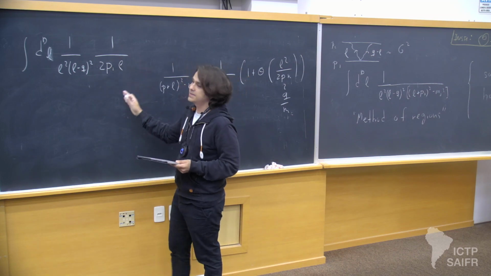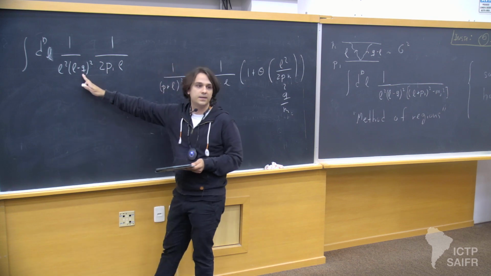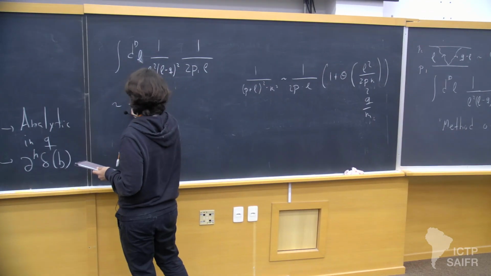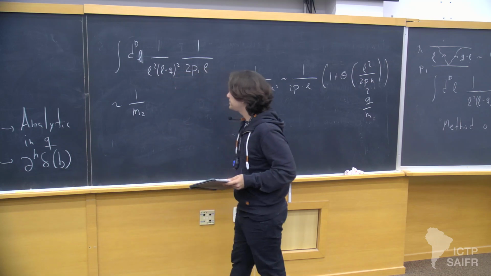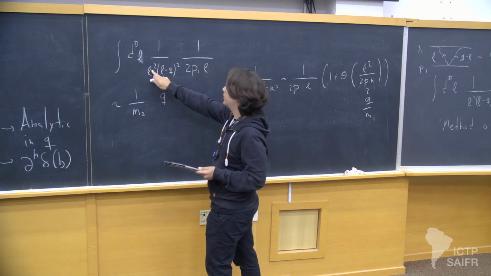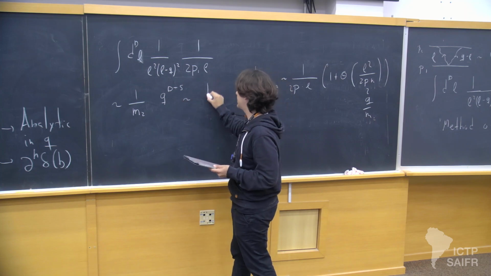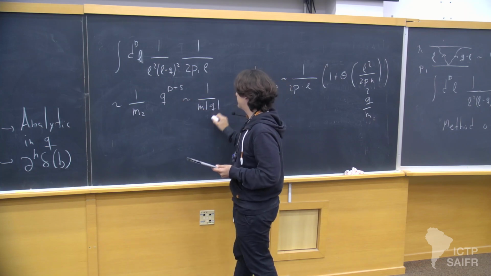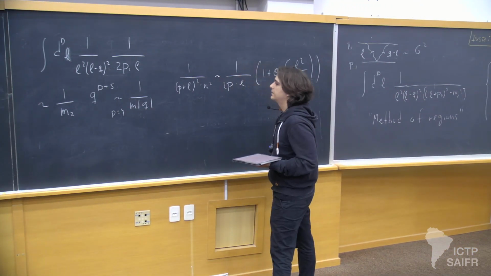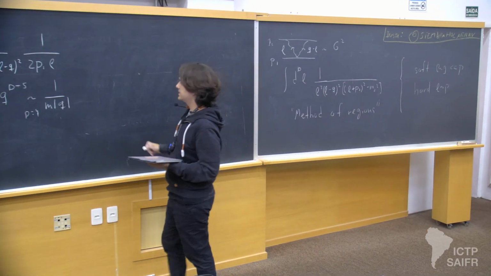So just by dimensional analysis, this integral will be some number, which I could compute, but I can just tell that it will only depend trivially on Q. Okay, so this integral should go like 1 over the mass of the particle, m2, and then let's count. I have Q to the D, and then I have 1, 2, 3, 4, 5, D minus 5. Okay, so in 4 dimensions, this will go like 1 over m times absolute value of Q in D equals 4. So this is the soft.